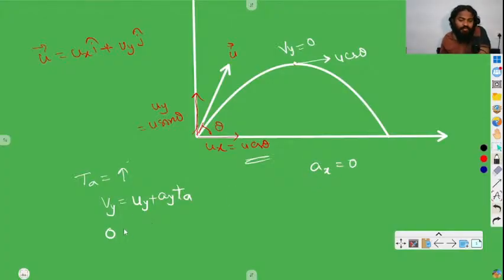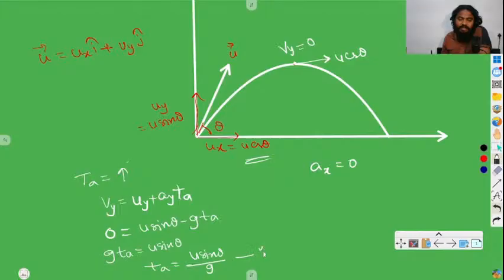Now Vy is equal to 0, that is equal to uy, which is u sin theta, minus g ta. From this, g ta is equal to u sin theta, so ta is equal to u sin theta by g. This is the time of ascent.